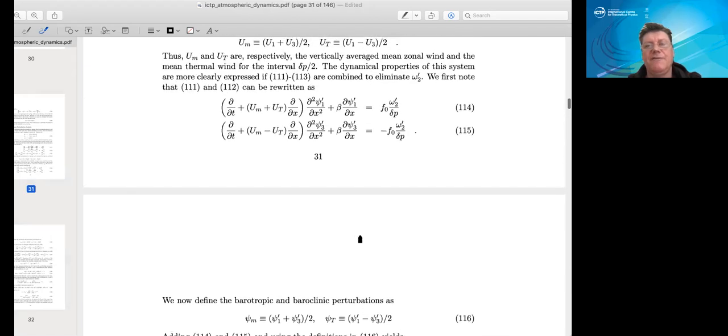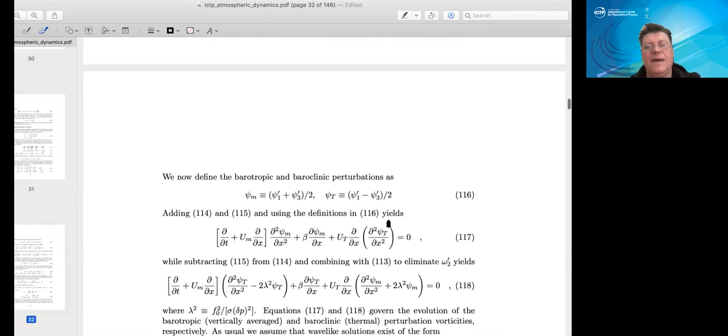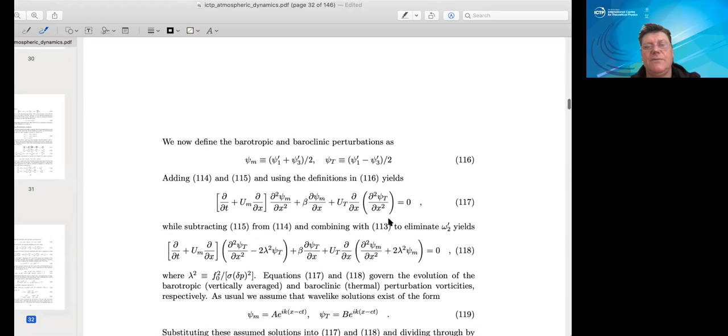Doing this now, first of all, we can eliminate omega 2 between these two equations by just adding them up. If we add these two equations up, then the right-hand side here vanishes. And we get an equation. No, this is the result for this equation here, right?